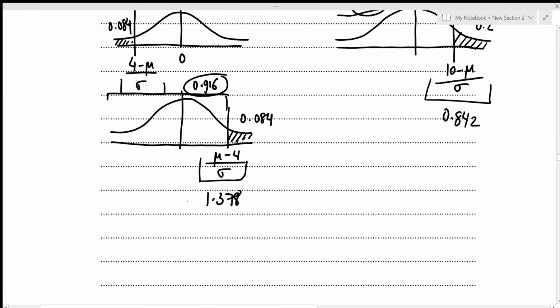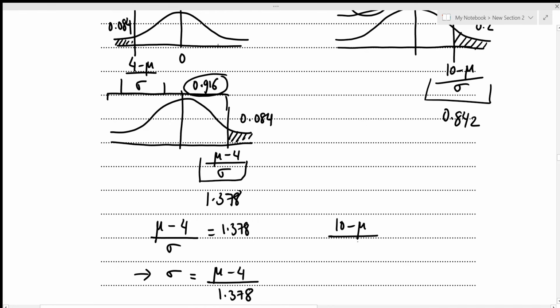Let's solve the equations. So the first equation is going to be (mu minus 4) divided by sigma equal to 1.378. I'm going to write this in terms of sigma. So that's going to be sigma equals (mu minus 4) divided by 1.378. Then the second equation is going to be (10 minus mu) divided by sigma equals 0.842.